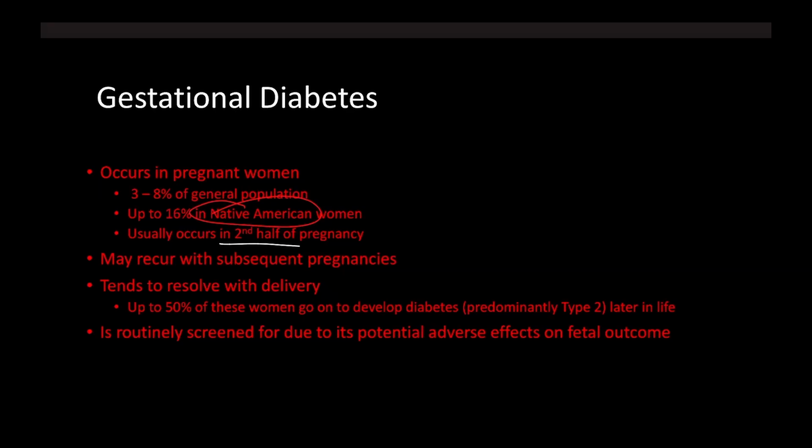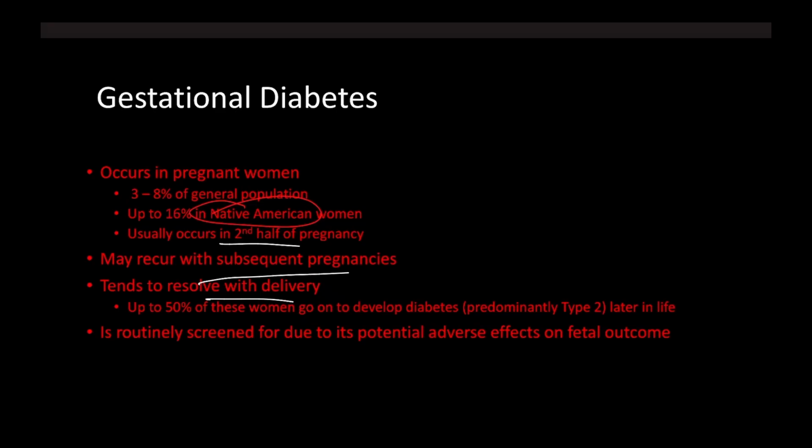Usually it develops in the second half of the pregnancy, and may recur with subsequent pregnancies. So if you had gestational diabetes in the first pregnancy, there's a high likelihood you'll have it in the second pregnancy as well. It will resolve with delivery. Once the baby's out, everything goes back to normal.